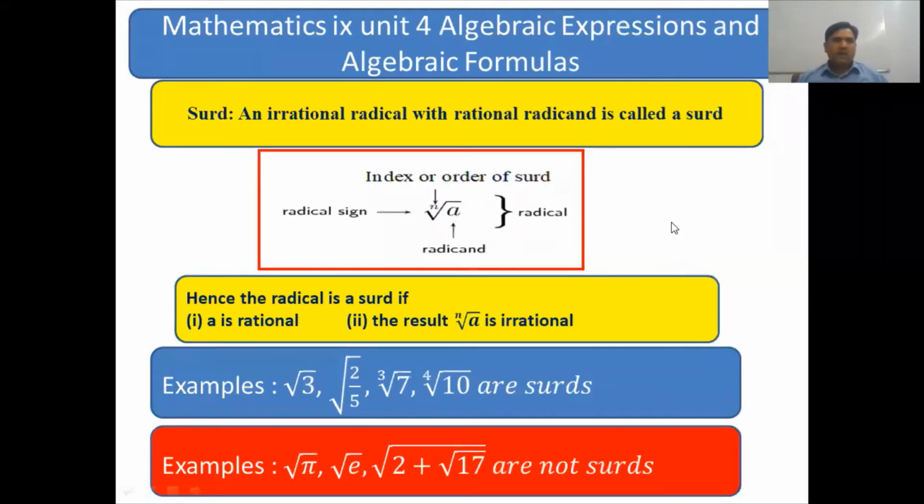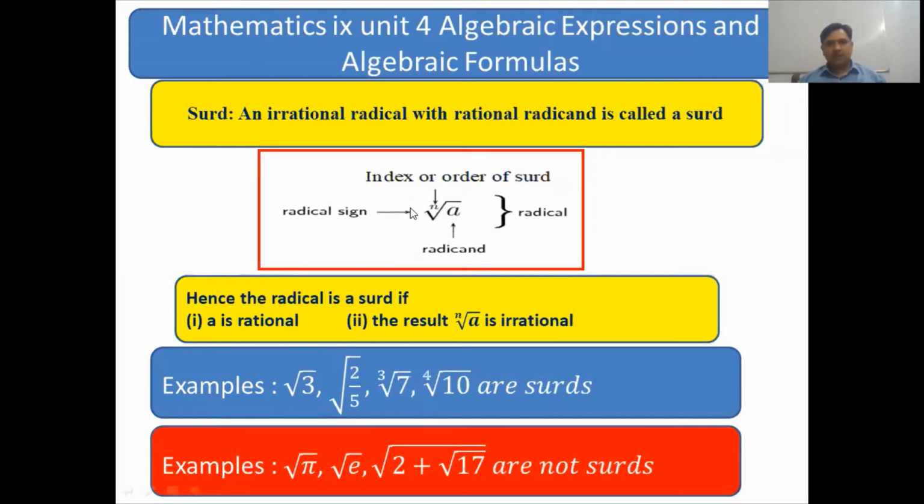Before defining surds, we define the radical. Consider this nth root of a. This sign is known as a radical sign. Here a is the radicand, and n is the order of the surd, or you can say the index.